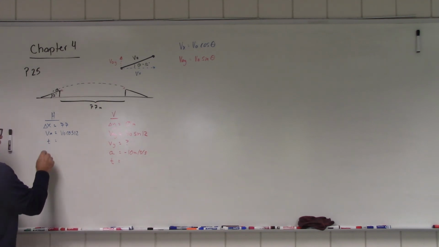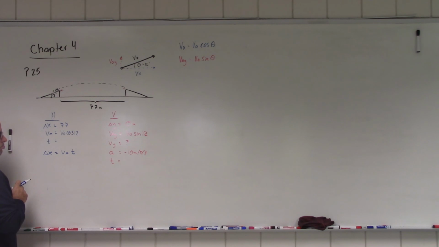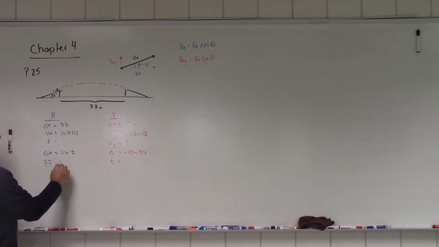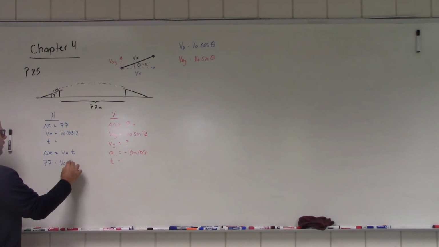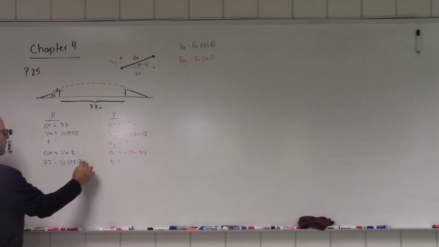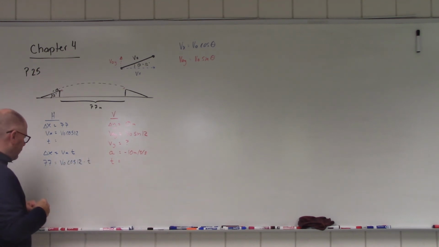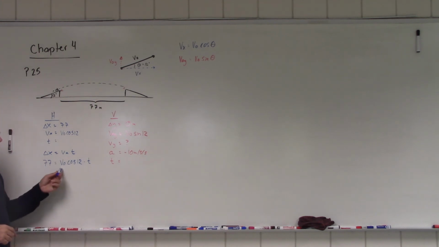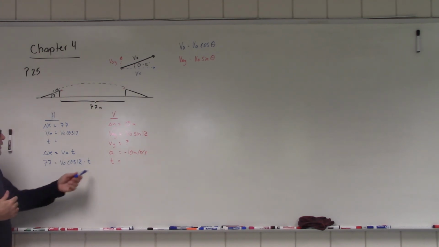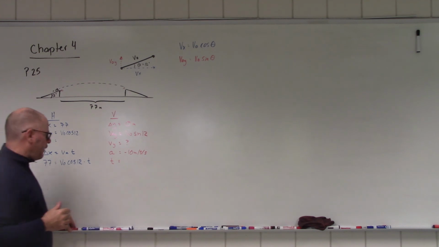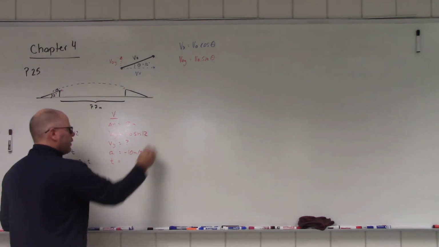This one, we know delta x is equal to vxt. So 77 is equal to v0 cosine 12 t. Now in here, there are two variables, which means I can't solve it by itself. I'm going to do this one up here.